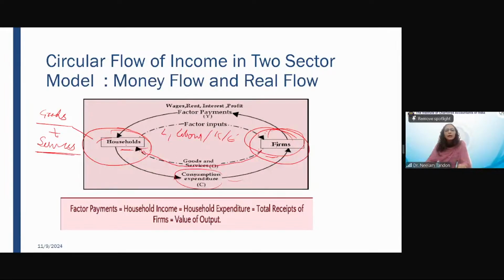For land, if the firm uses its own land, it is sacrificing the rentals it could have got. We shared this in national income accounting. What is it called? Imputed rent. Otherwise, if they have taken land, they will have to pay rent for it.